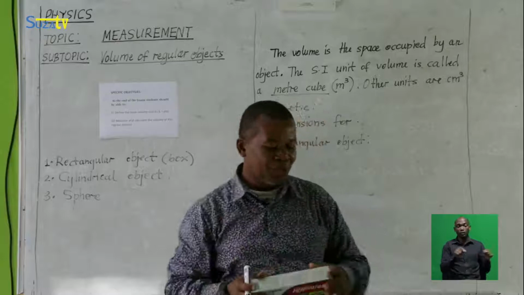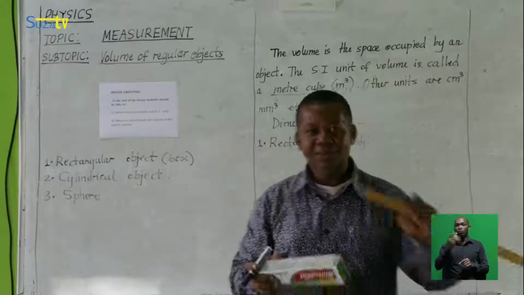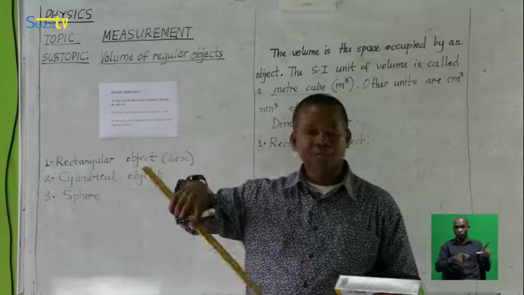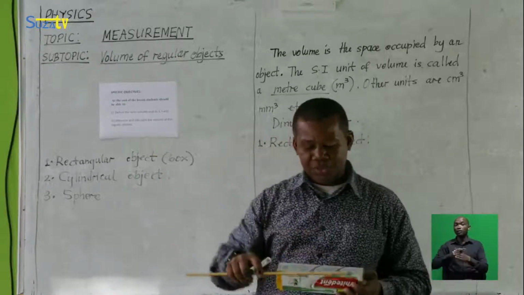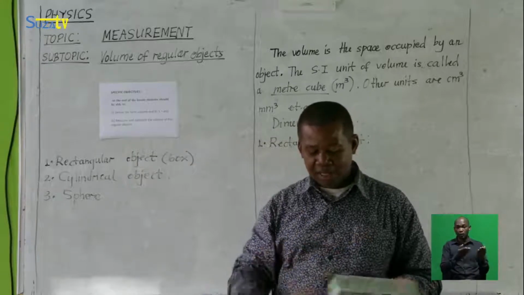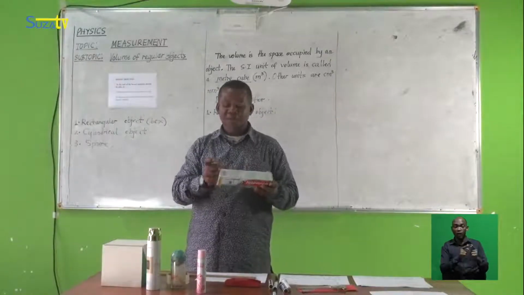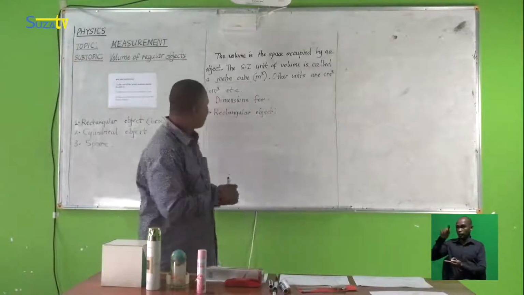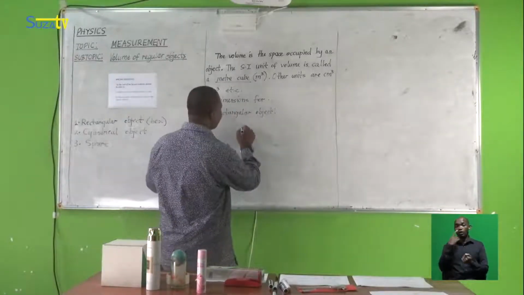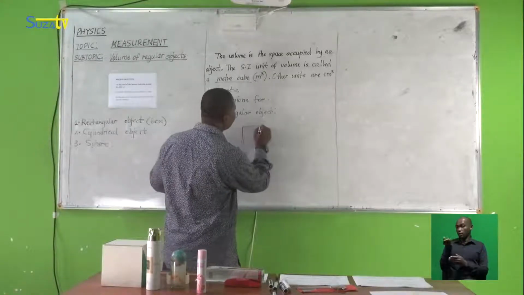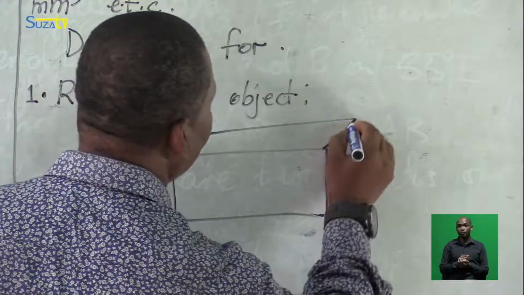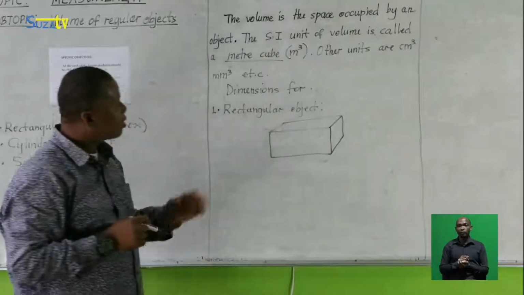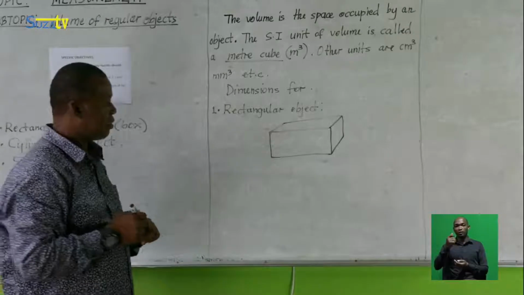We are going to use the meter rule. This is the half meter rule that is used to measure the length, the breadth, and the height. We can see it like this.